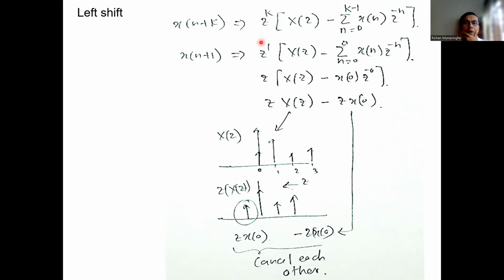Now let's talk about just one step shift, right? n plus 1. So then the equation would be z to the 1, x of z minus the summation n equals 0 to k minus 1, which is also 0 to 0, right? Then this is x n z to the minus n. It will be just one sample going out, which is x0, right? So it comes over here as minus z x0, right?